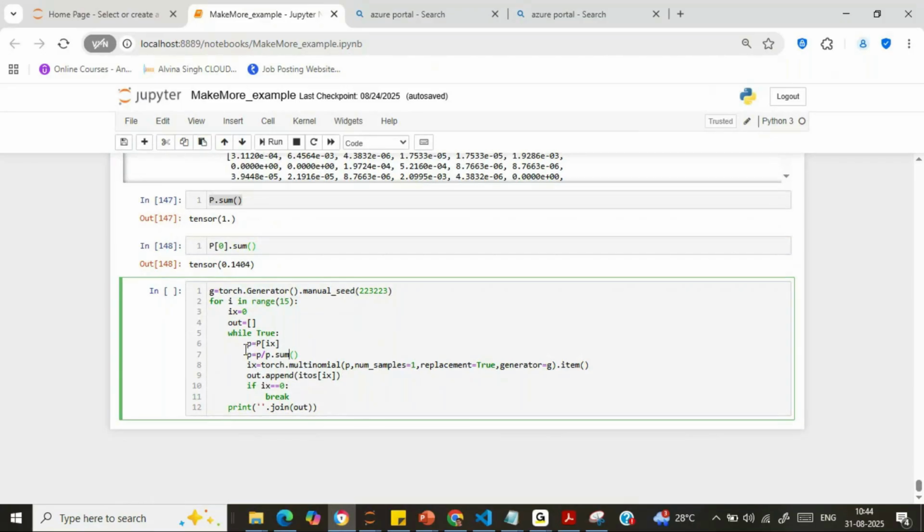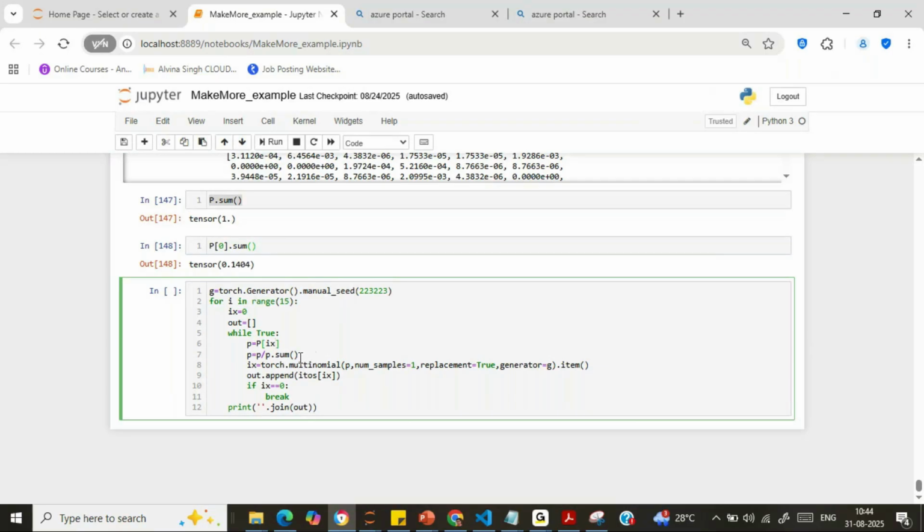And why have we done this? Because inside this particular for loop there are so many iterations, and the calculation is happening over here with respect to each and every iteration, and it is going to take more resources inside the for loop. So what we have done, the calculations have been done outside this.